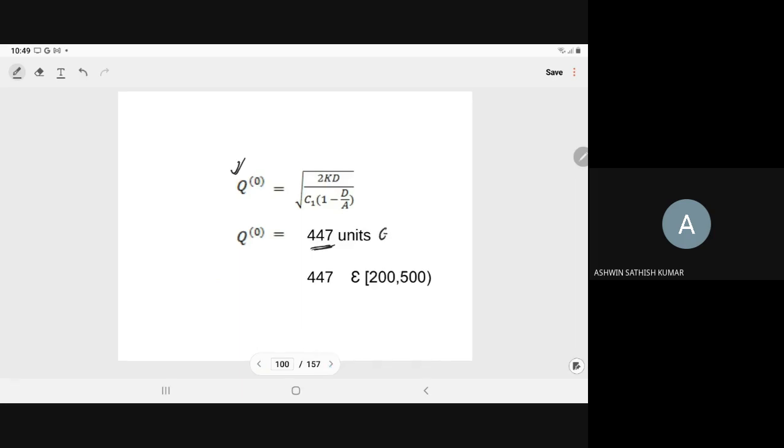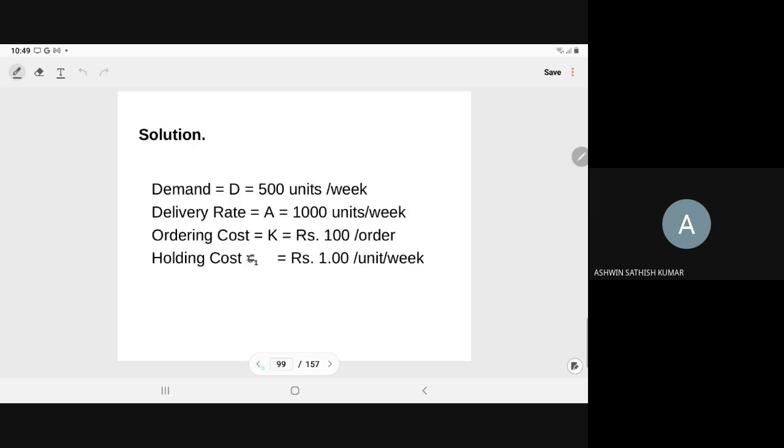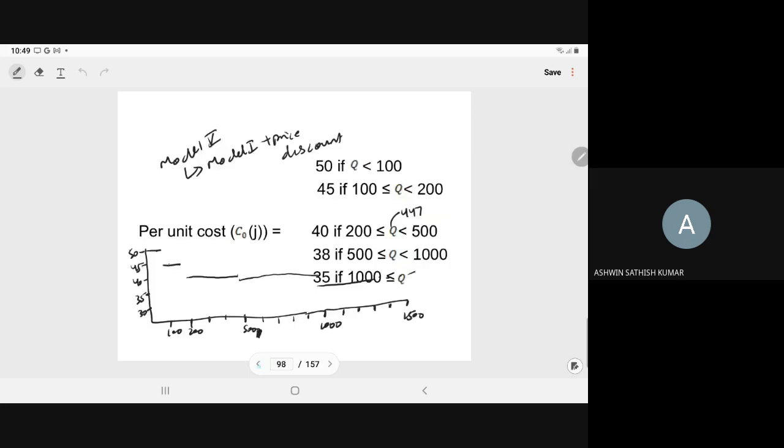So it belongs to 200 to 500. You can notice the left side is closed and the right side is open. It means Q star can be either Q naught, which is 447, or the left limit of the right interval.